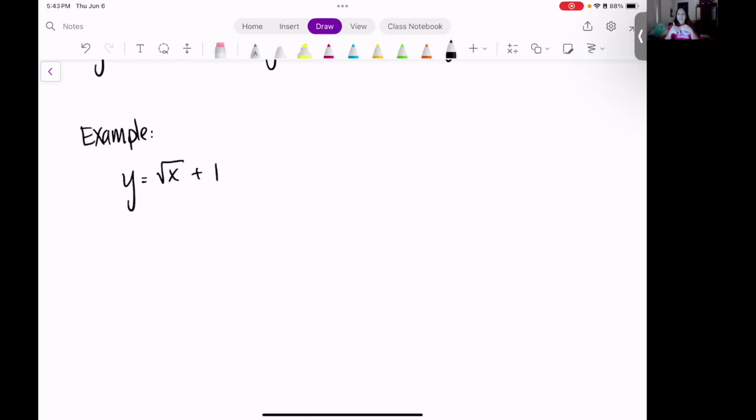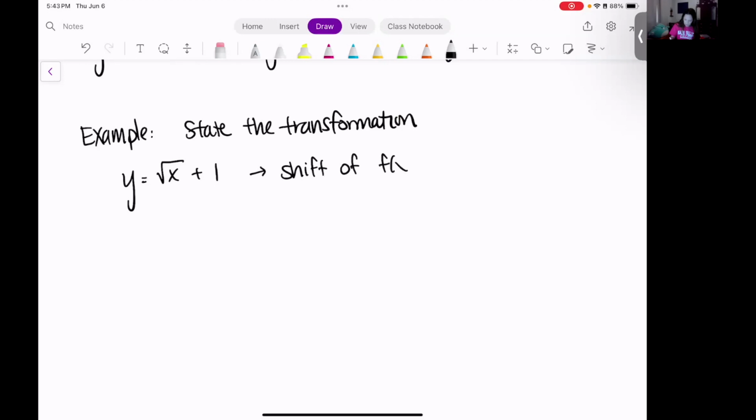So if I'm adding outside the function, that is a shift vertically. That means that I'm taking the square root function up 1 vertically. So this would be a shift of f of x equals root x up 1. And remember, f of x and y are the same thing. So it's the shift of y equals root x, or the shift of the function f of x up 1.